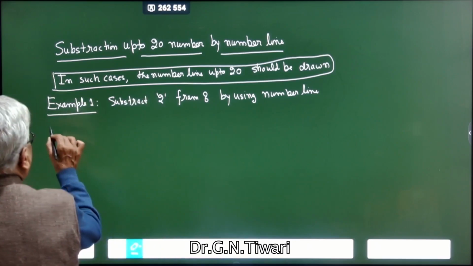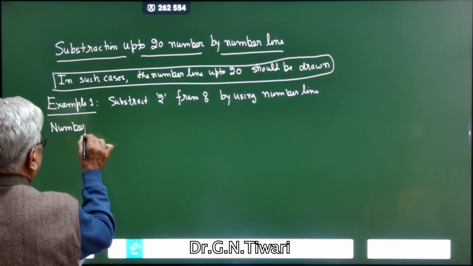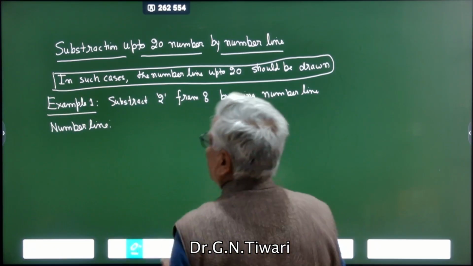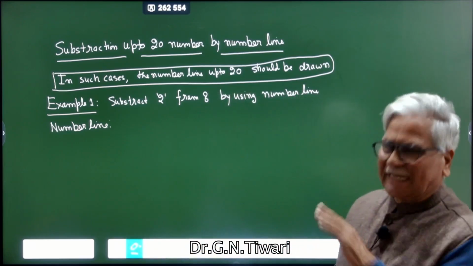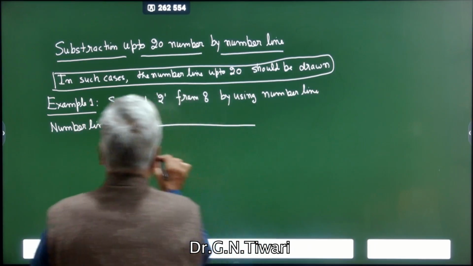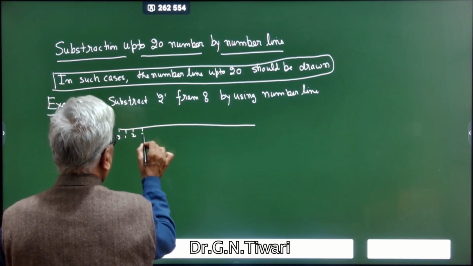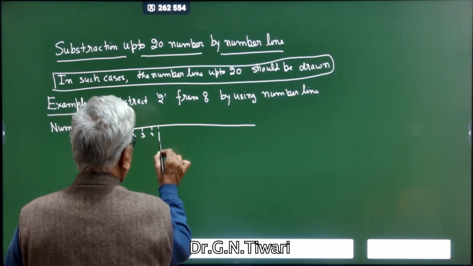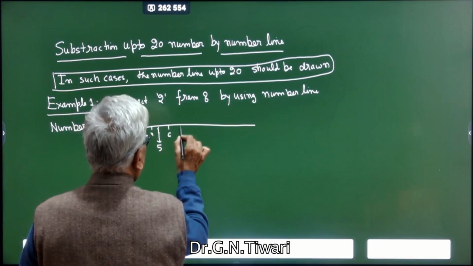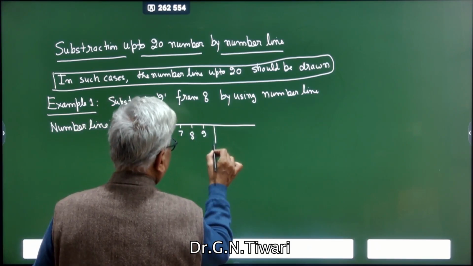First, number line. In the question, the maximum number is 8, so we should draw the number line up to 10. 0, 1, 2, 3, 4, and 5, 6, 7, 8, 9, and 10.